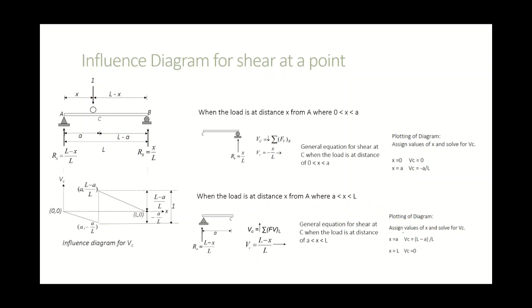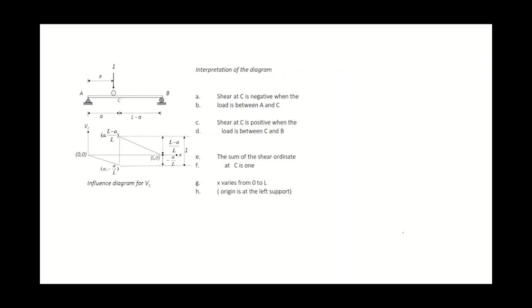Ayan. Now, for the interpretation, same lang nung sa reaction. Ang ibig sabihin nito, ano yung effect ng uniform load sa shear sa point C. So, therefore, if you are asked, ano yun naman yung effect sa shear sa point na to, dun ka naman mag-cut and you will draw another influence diagram.